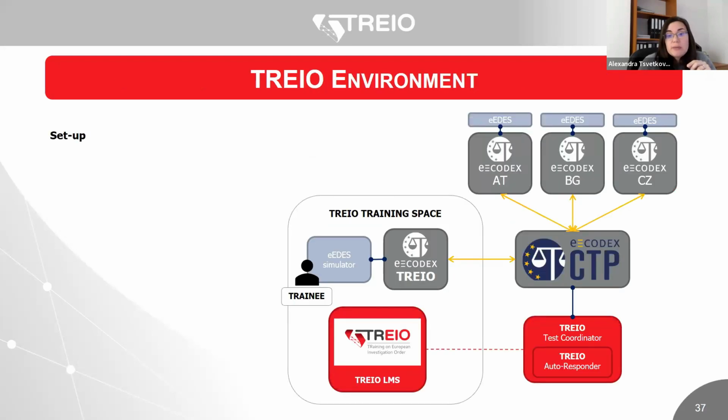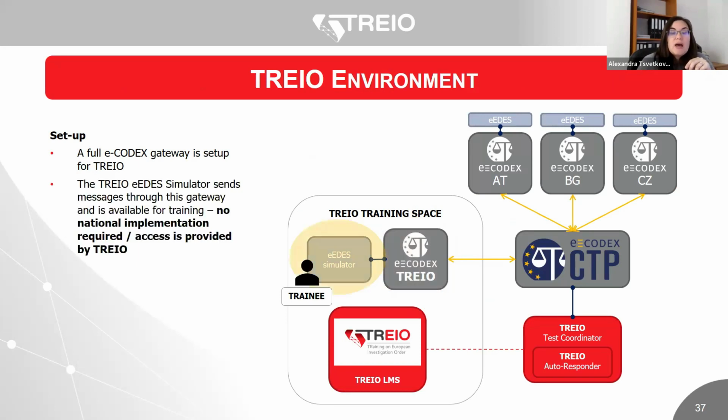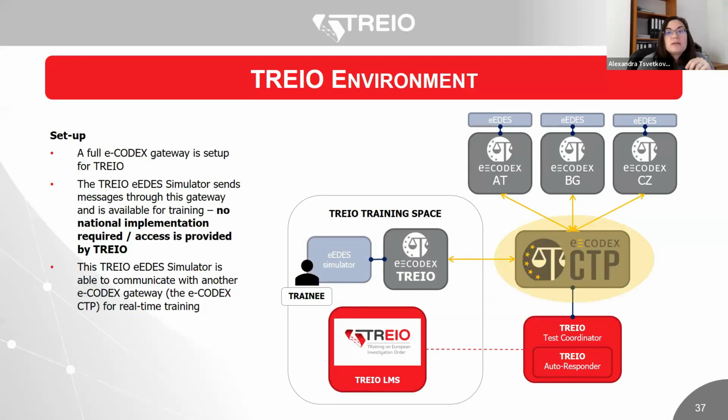So the overall setup, this is again a bit technical, but I will just try to briefly show you what we have done. We have connected our simulator to the actual communication channels provided by eCodex. So these are real life exchanges that happen between our simulator and the eCodex environment.